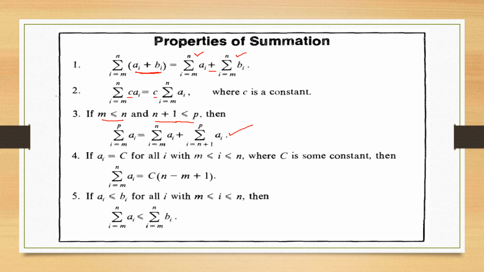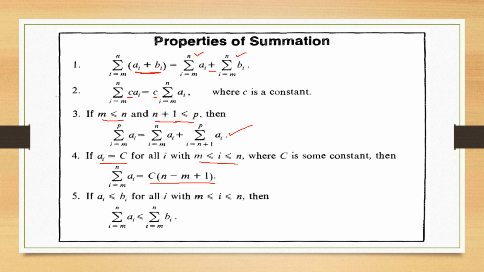The fourth property: if ai is equal to c for all i, where i lies between m and n and c is some constant, then we can write it this way, because every ai is equal to c. Now this c can be multiplied by the number of terms, and we know in a summation the number of terms is always n minus m plus 1.